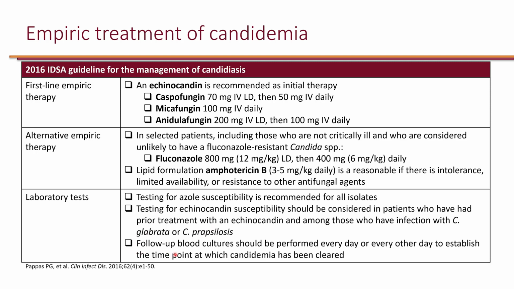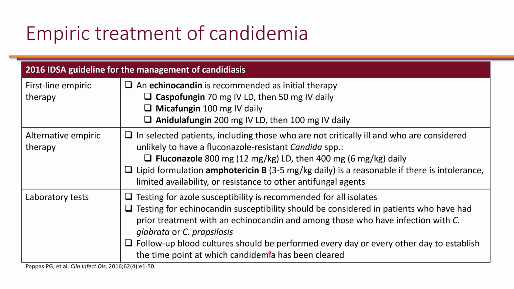And of course, we need follow-up blood cultures. They should be done every day or at least every other day, because that's how you know what the first day of treatment is. So if you are to treat the patient for 2 weeks, day 1 starts on the day that you get a follow-up culture that's negative.